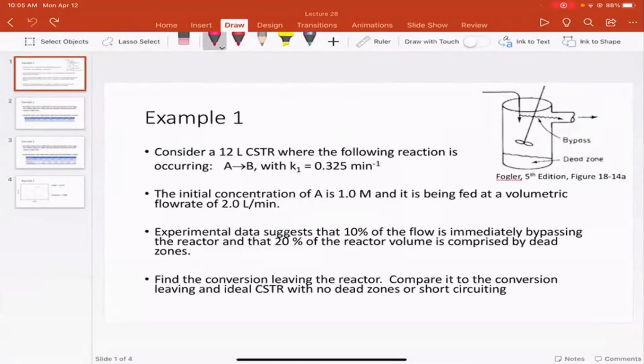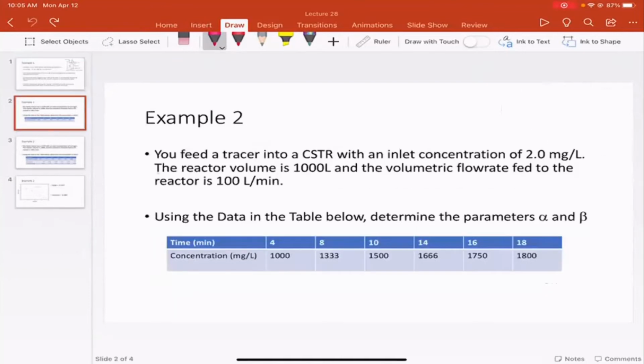A tracer is something that you feed at a known concentration, and you measure the concentration of that species leaving the reactor. Often you measure it coming into the reactor and leaving, and you make this observation as a function of time. From that observation, you determine what alpha and beta are in this model.